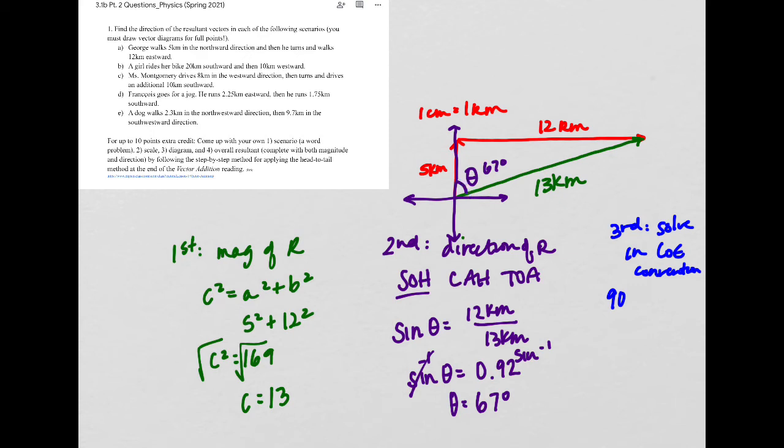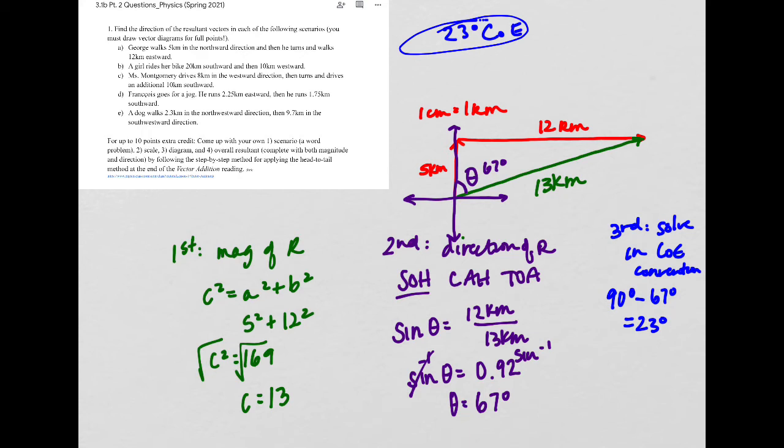So what we need to do is subtract 67 degrees from 90 degrees. When we do that, we get 23 degrees. So the direction of the resultant is 23 degrees counterclockwise of east. That is your answer for this one.